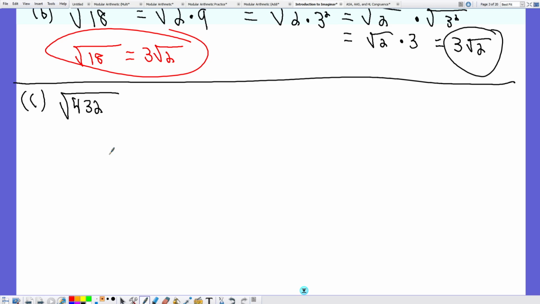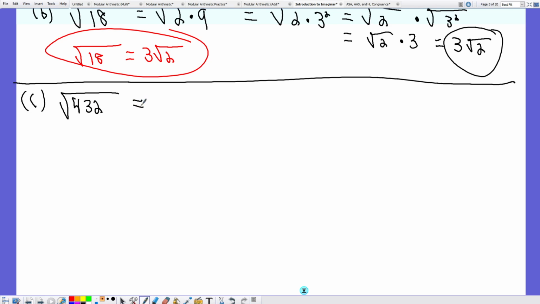If you are clever or good with factoring, you might see that this is divisible by 3, because if you add the digits together, 4 and 3 is 7, plus 2 is 9. If you add those digits together and it's divisible by 3, then that number itself is divisible by 3.